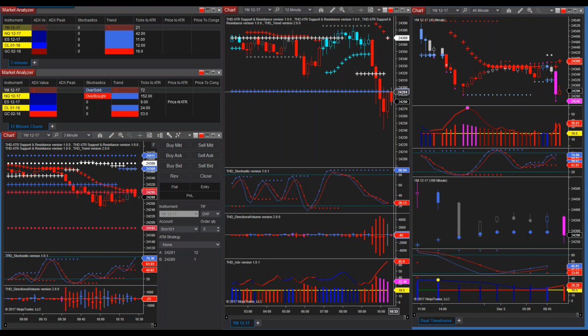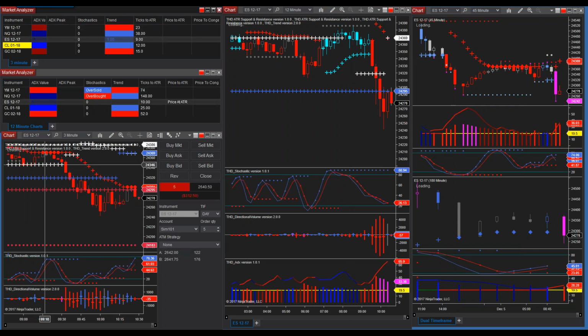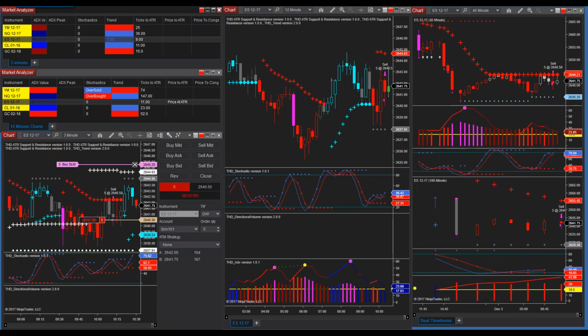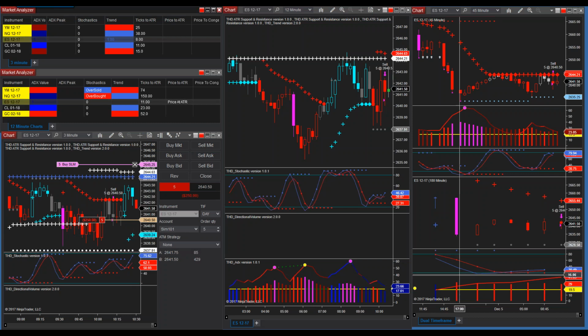But if this bar continues, it will not be. I would actually prefer to see this retrace back to the white ATR. We'll have to wait and see though. Right now it's coming back to the ATR at 2639. Bonnie?